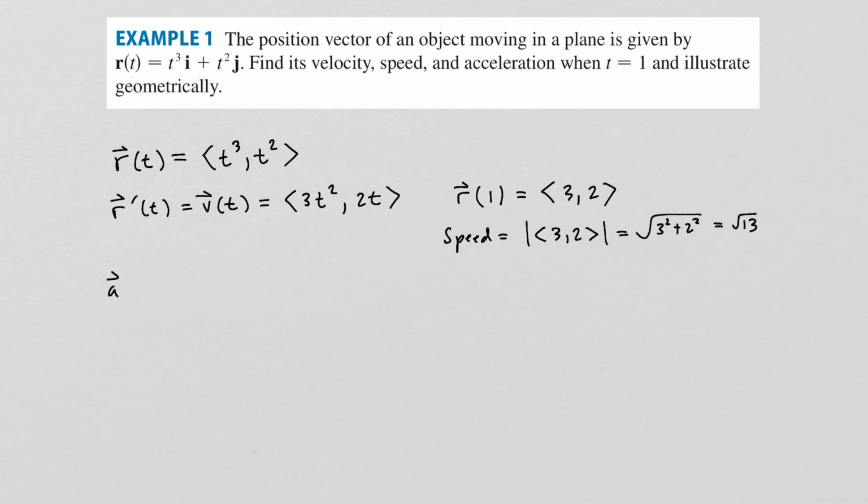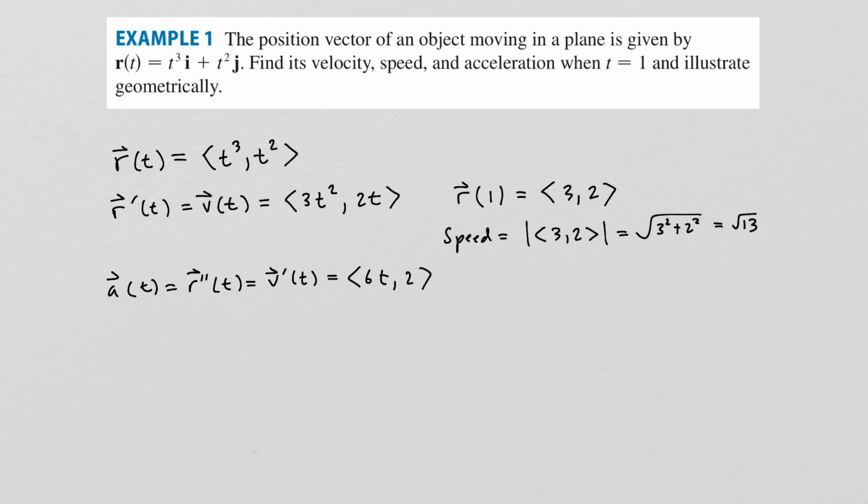Now the acceleration function, a of t, is just the second derivative of r, or if you like, we can call it the first derivative of velocity. So basically, we're just going to take the derivative of this, which gives us <6t, 2>.